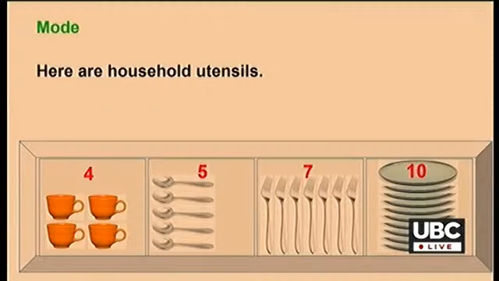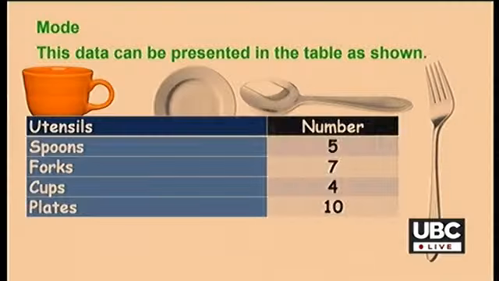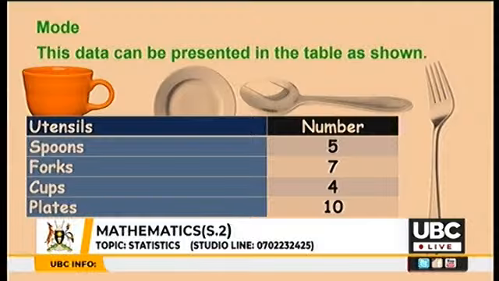What does this mean? We are going to arrange our items in form of a table. So when I put my utensils in a table, I will have 5 spoons, 7 forks, 4 cups, and 10 plates.